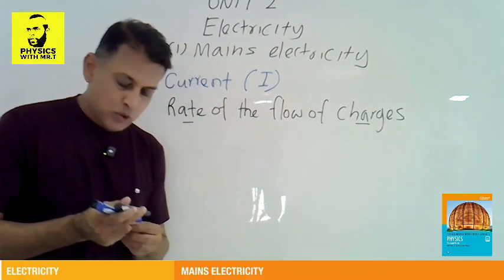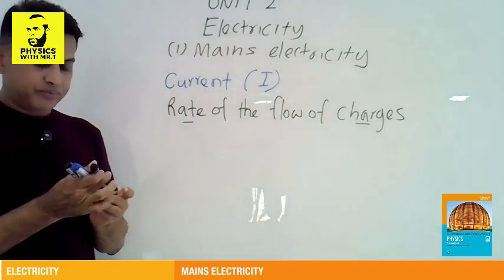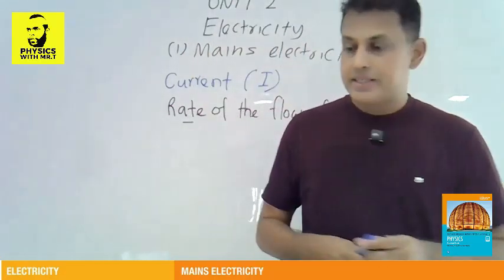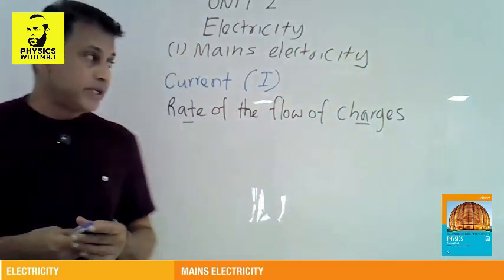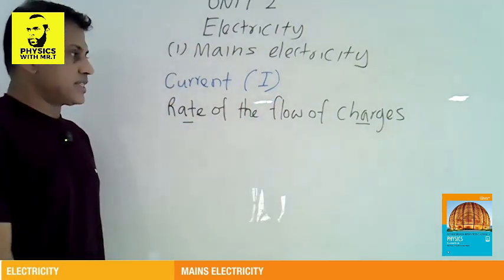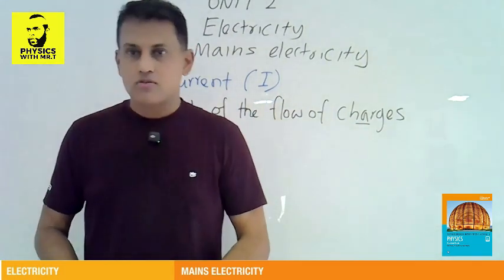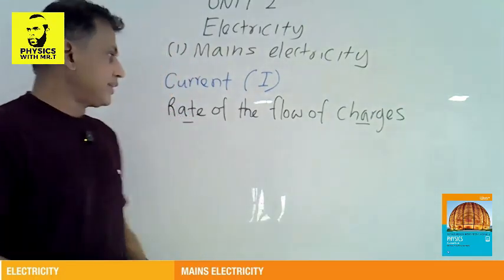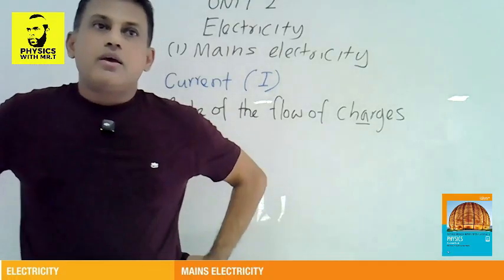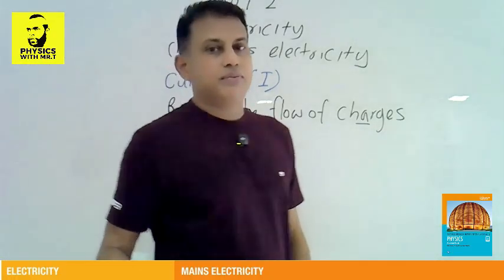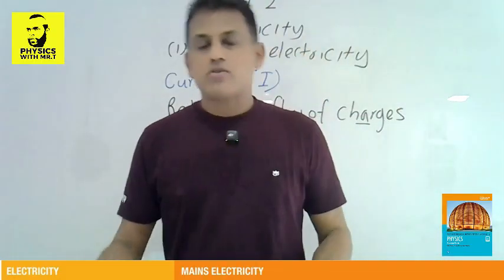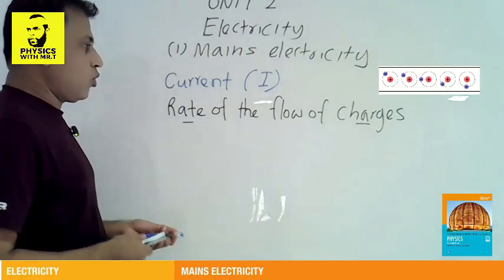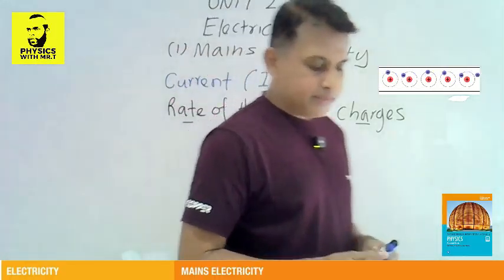Charges could be atoms, ions, electrons, something like that. Basically the common charges in electricity are electrons. But in the definition we don't write electrons, because that is very specific, so we write charges. So the rate of the flow of charges is the current.